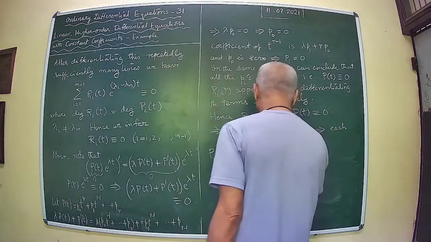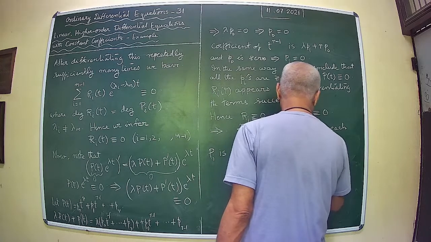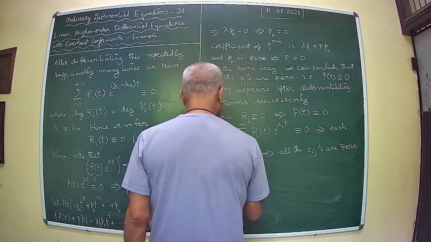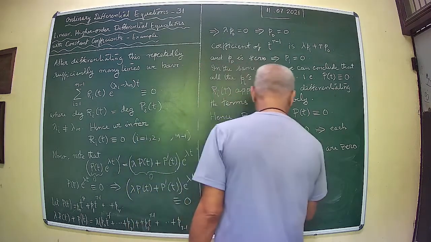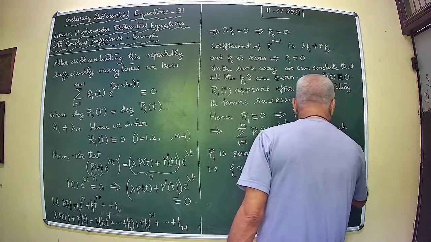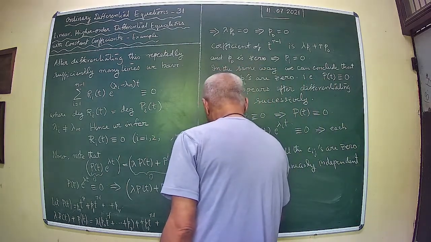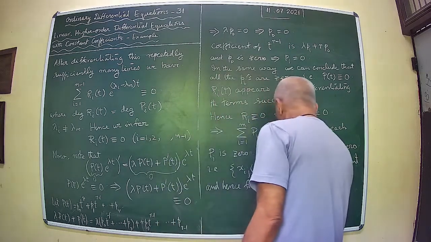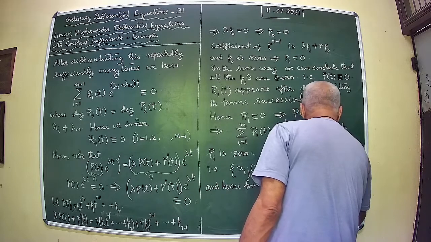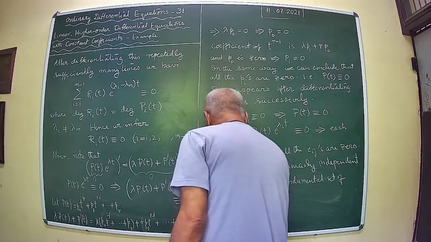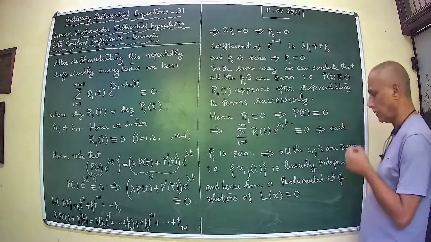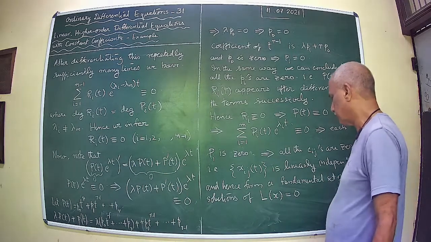Now, which in turn implies all the Cij's are equal to 0.